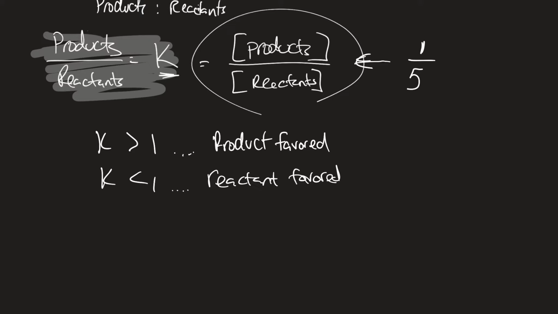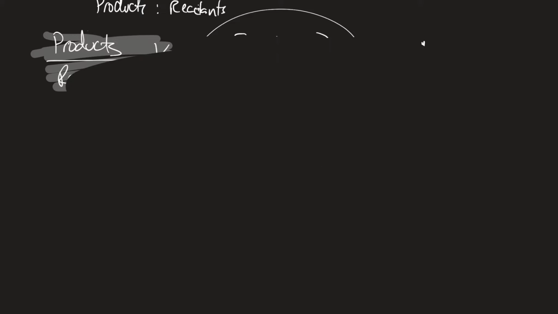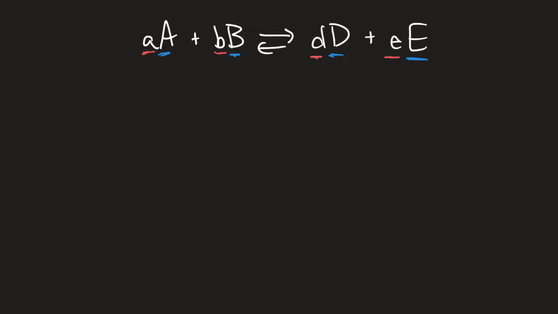Now, let's go back to the equation I was showing you earlier. This is our generic equation where you have aA plus bB in equilibrium with dD and eE.